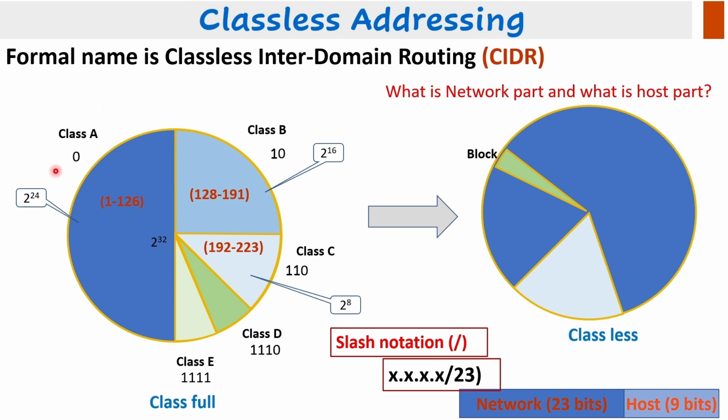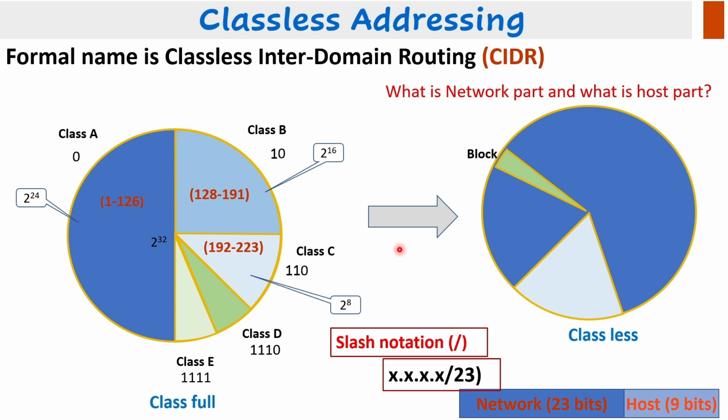Previously in classful addressing, we could only have 8, 16, or 24. If it is class A, we have 8. If it is class B, we have 16. And if it is class C, we have 24.